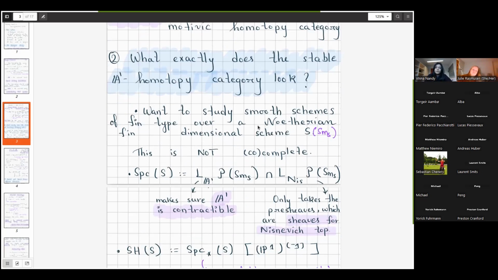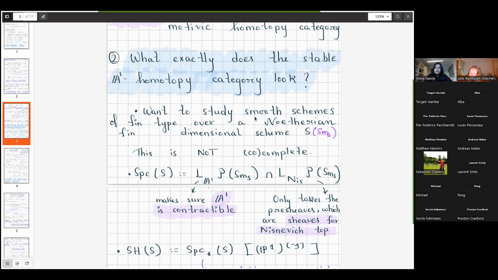So since we want to extend certain things in this category, let's just look at how this category looks. First, we need to fix a base scheme, say S, and it can be done in a more generalized way, but let's just fix for now a Noetherian scheme of finite Krull dimension.